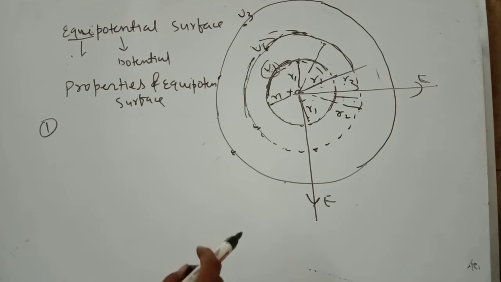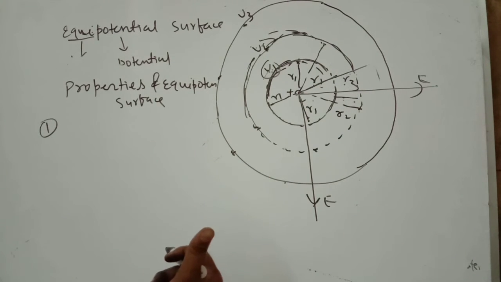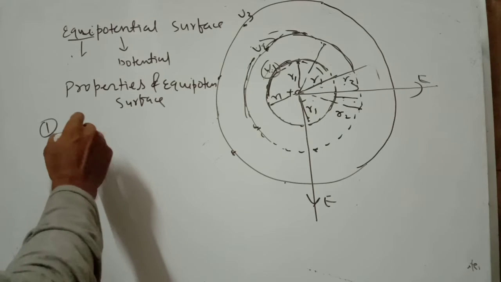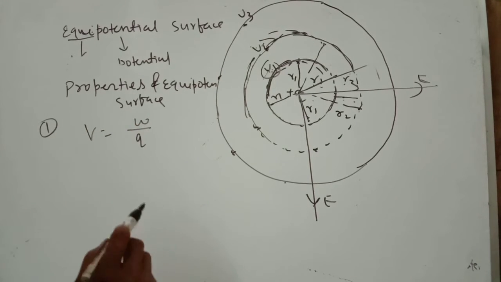When any charge moves on an equipotential surface, the work done will be 0. Already told, potential is the work done per unit charge.